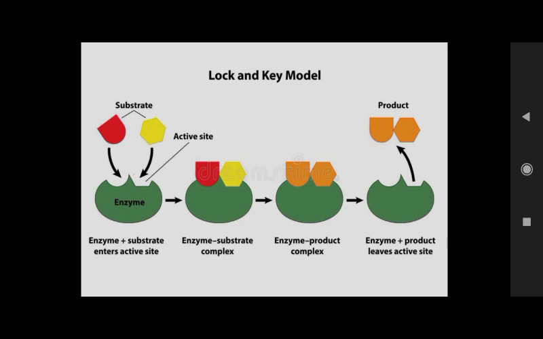Now, in the lock and key model, why is the term given lock and key? Students, I'm asking you again one question. Do all the locks of your house open by a common key?